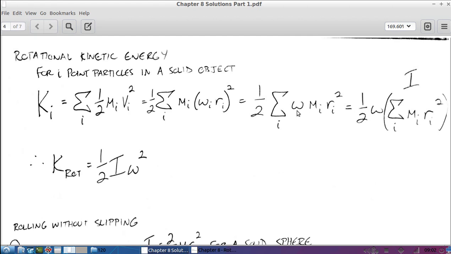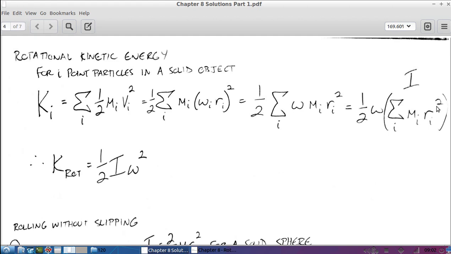So I can factor out the 1/2 and the omega squared from this sum because it's constant. It doesn't change. And so now I have this expression: the sum of all the m r squareds of each individual object.